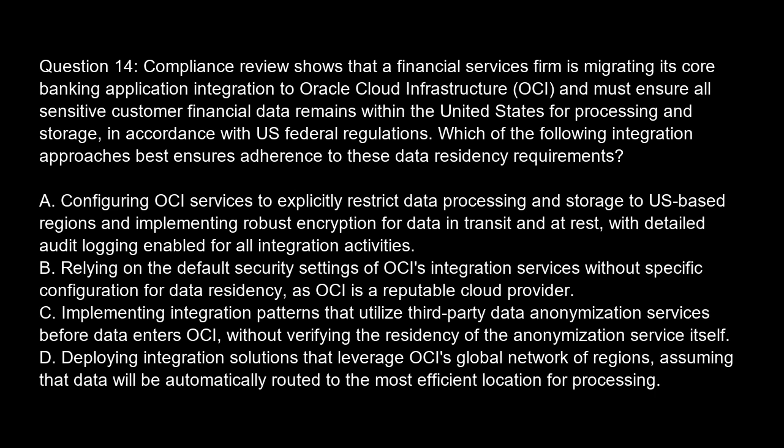Option C. Implementing integration patterns that utilize third-party data anonymization services before data enters OCI, without verifying the residency of the anonymization service itself. Option D. Deploying integration solutions that leverage OCI's global network of regions, assuming that data will be automatically routed to the most efficient location for processing.